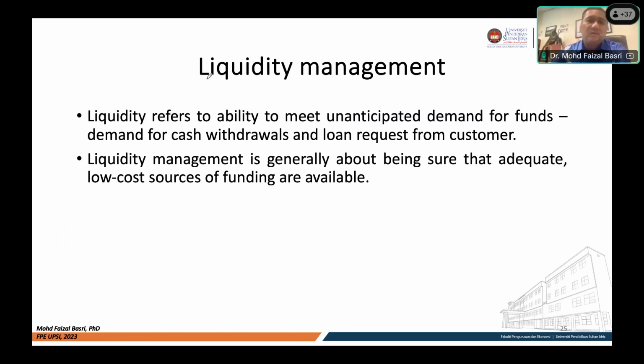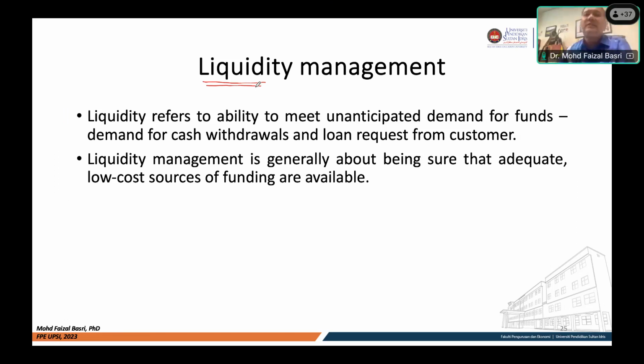The word liquid, you understand what it means: access to, or how to liquidate, or how to change the assets into cash in a very fast time. So it means when you need cash or funds, you can get them immediately. That's how we measure liquidity.